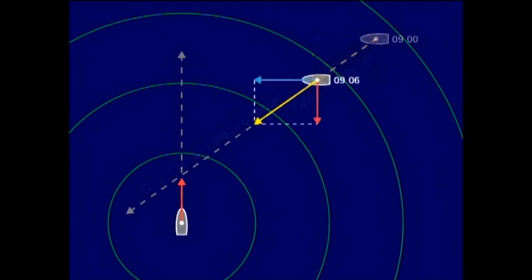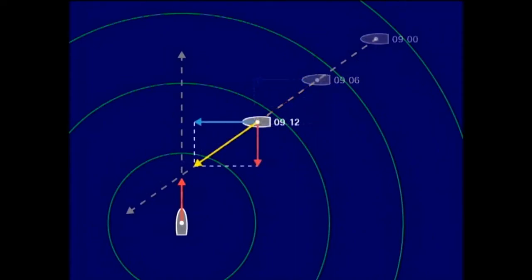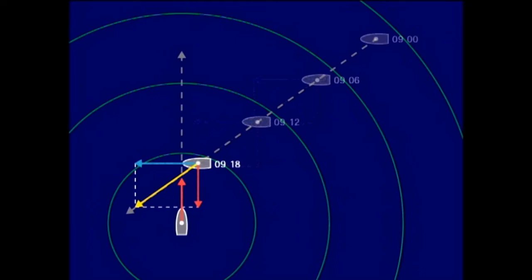A relative vector, meanwhile, does not represent the target's true movement, but simply shows a relative position between own ship and the target. In other words, if a vector points toward own ship, it should be considered a dangerous target. In relative vector mode, it's possible to grasp at a glance where the target's CPA limit is.